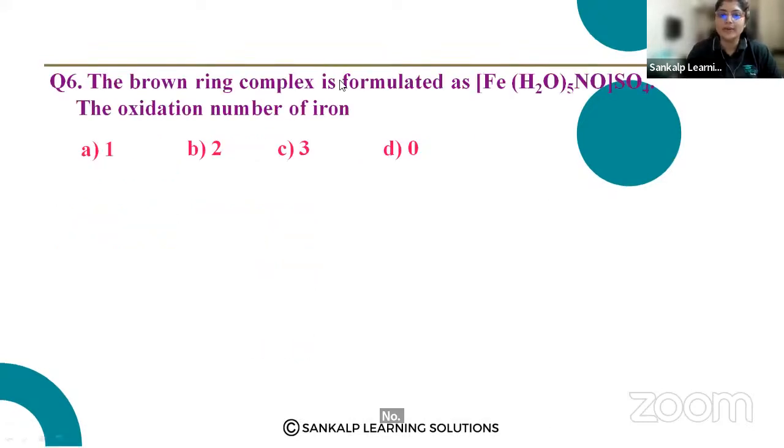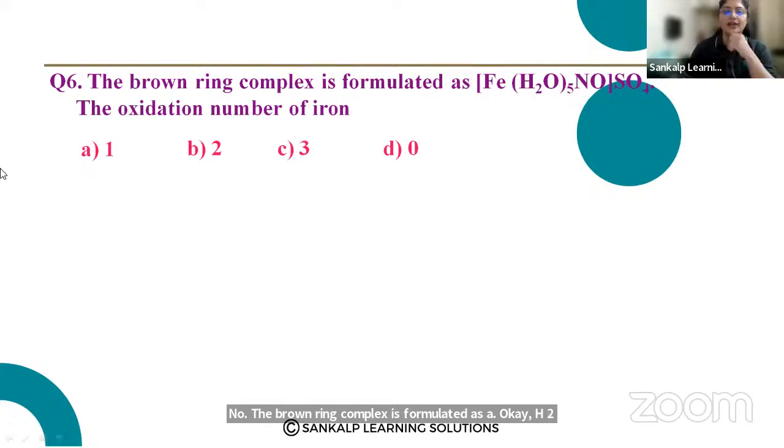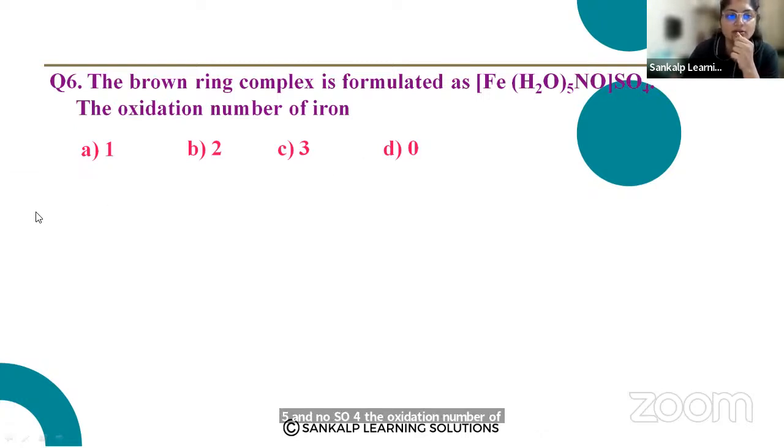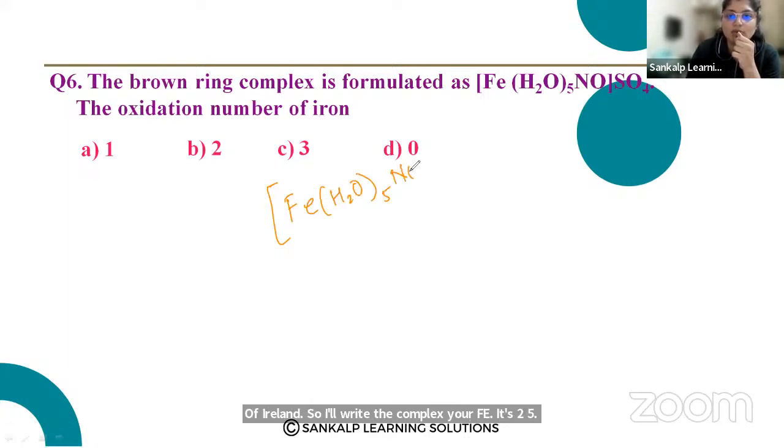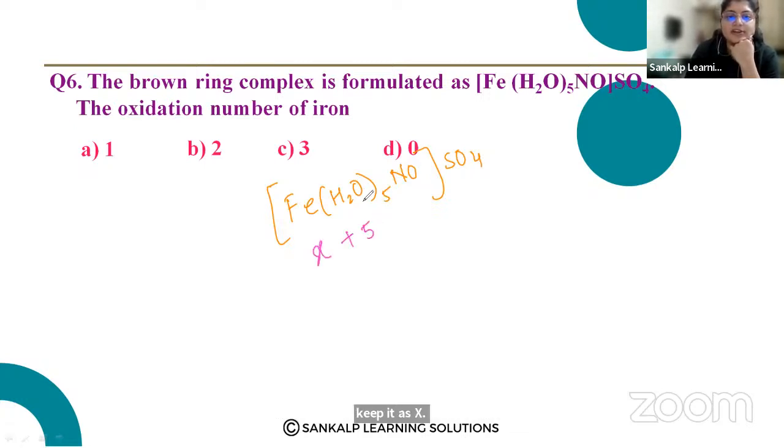The brown ring complex is formulated as Fe(H2O)5NOSO4. What is the oxidation number of iron? I'll write the complex here. I don't know the oxidation state of Fe, so I'll keep it as X, plus the number of water molecules, which is 5. Each water molecule's oxidation state is 0.